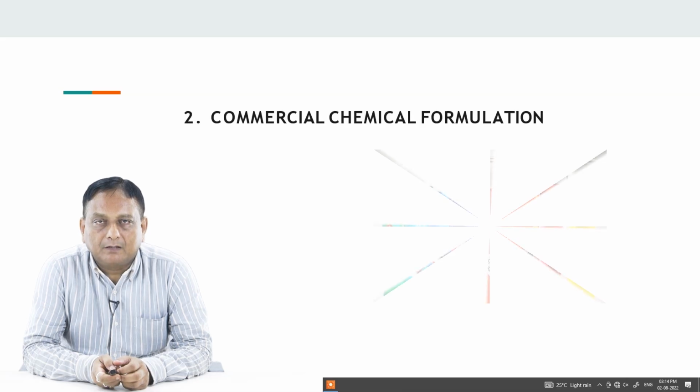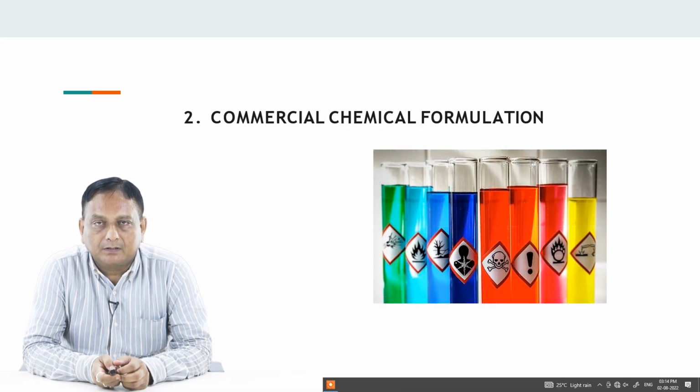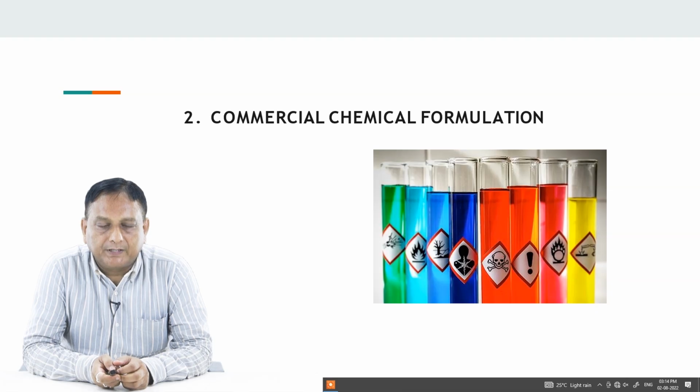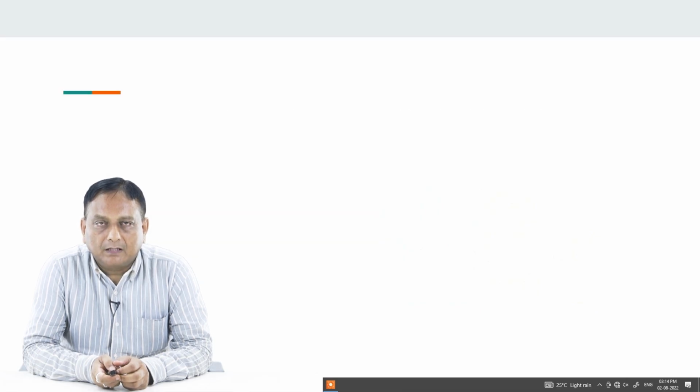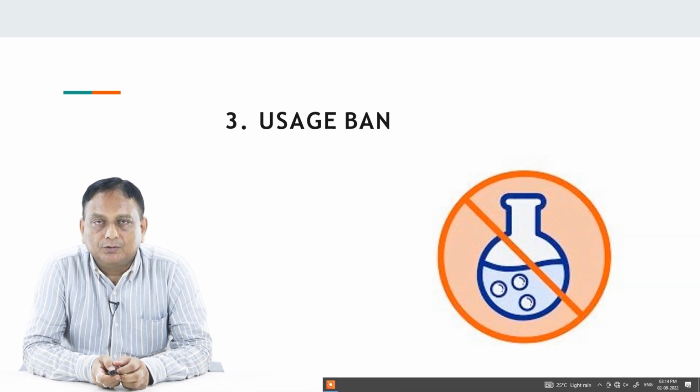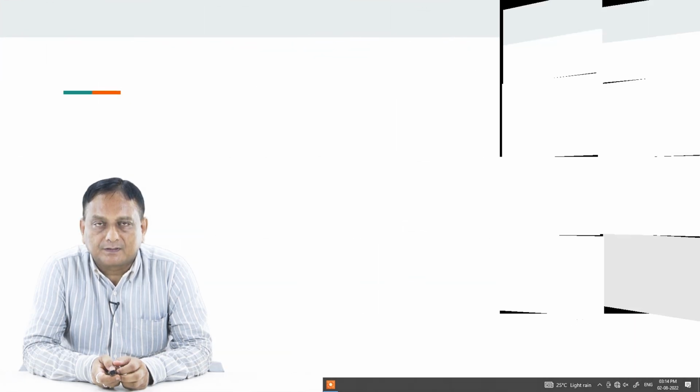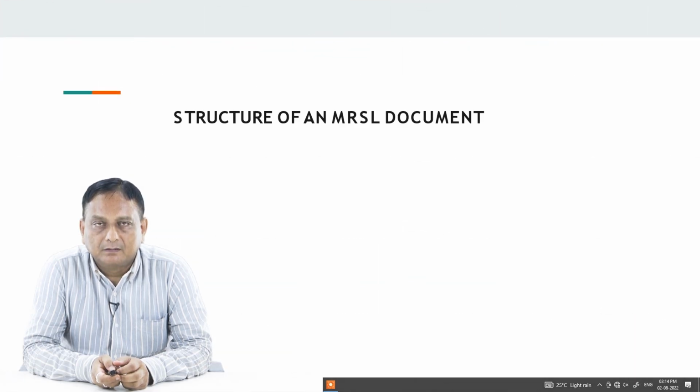Then commercial chemical formulations are very important: what type of formulation has been used while producing that chemical. That is also one of the important points in MRSL. Now, there are other terms and conditions, that is, the usage ban. Some chemicals should not be used at all in the process, that is the usage ban.